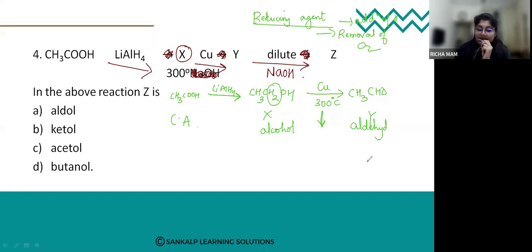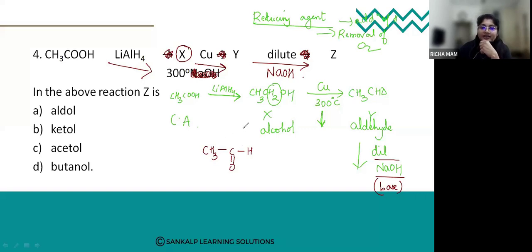Now this aldehyde, further, I'm going to treat it with dilute NaOH. What is the role of dilute NaOH? It is a base. So I'm going to get CH3CHO, this is acetaldehyde.